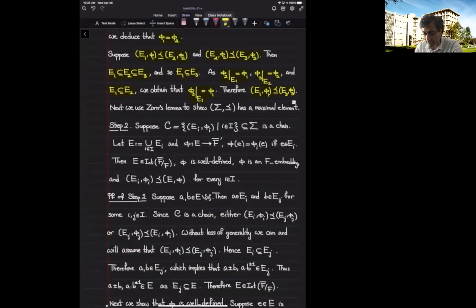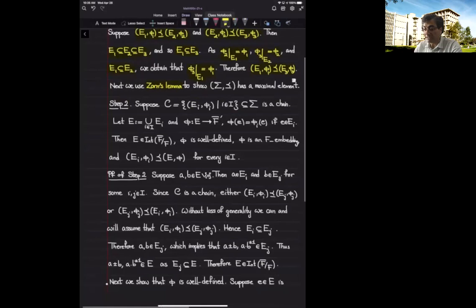By Zorn's lemma, in order to show that this poset has a maximal element, it is enough to show that every chain has an upper bound.